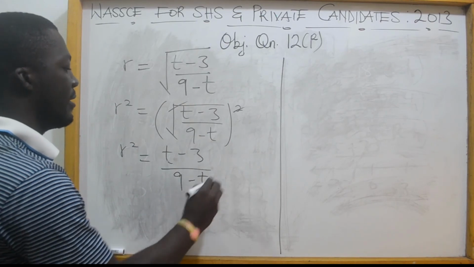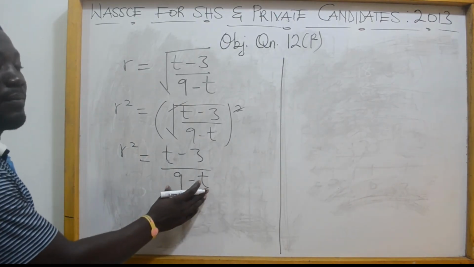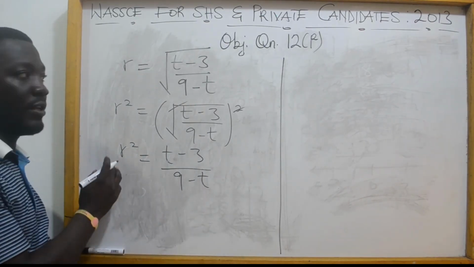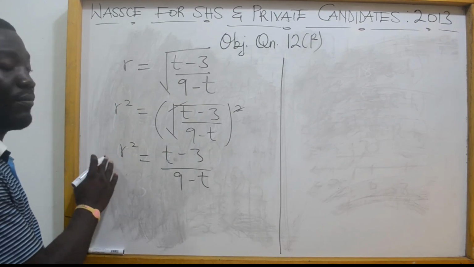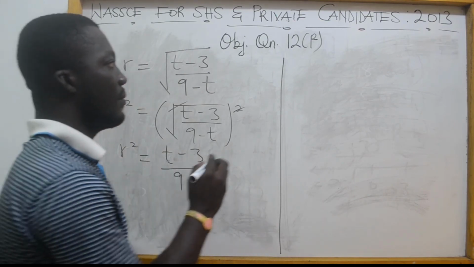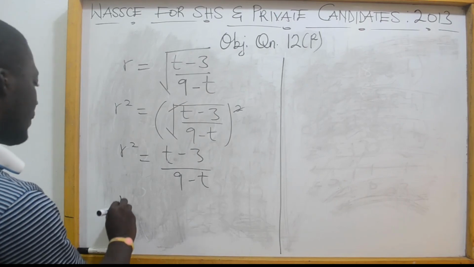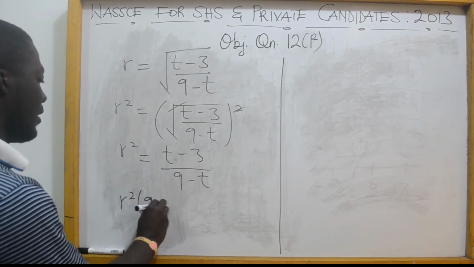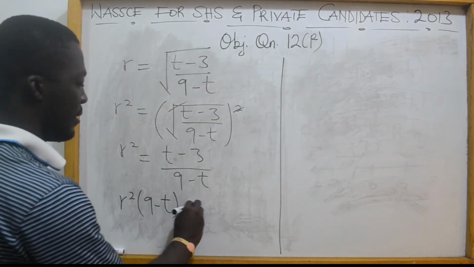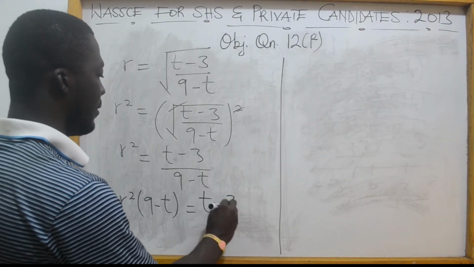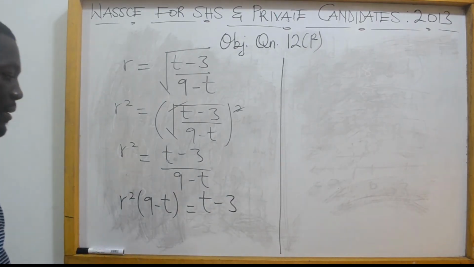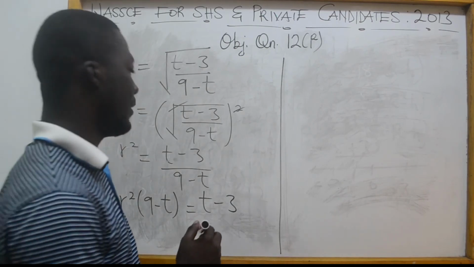Then 9 minus T will cross to the left side and multiply R squared, giving us R squared into brackets 9 minus T is equal to T minus 3. Then the next thing we do is to expand the bracket.